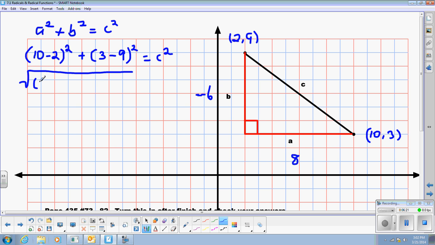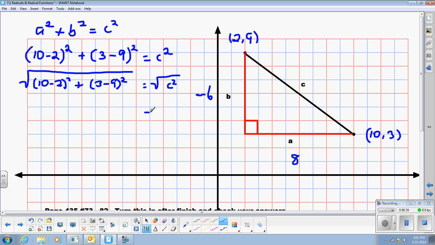I would take the square root of all of that. The square root of 10 minus 2 squared plus 3 minus 9 squared, and that equals the square root of c squared.